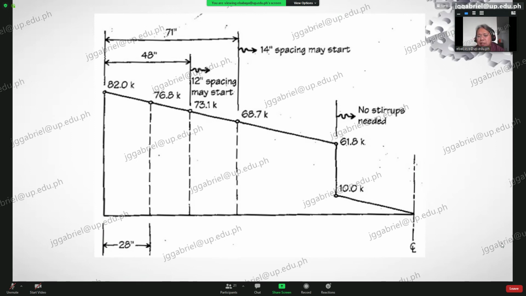Kasi kung halimbawa bungalow lang siya, yung bayad mo sa structural engineer will also depend on the difficulty ng structure mo eh. Minsan madali yung structure.